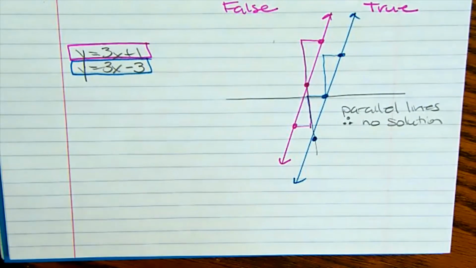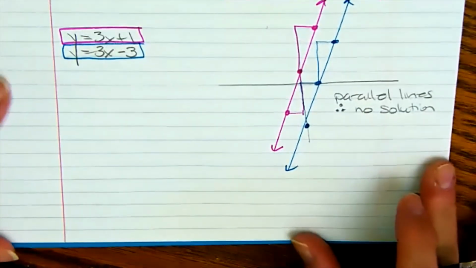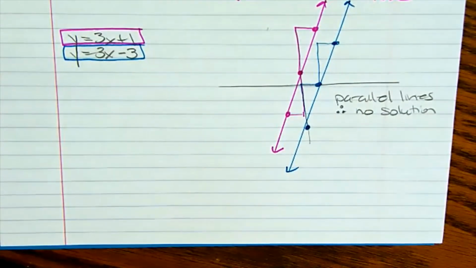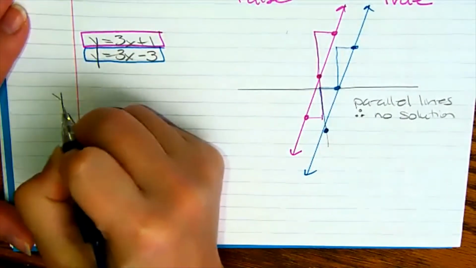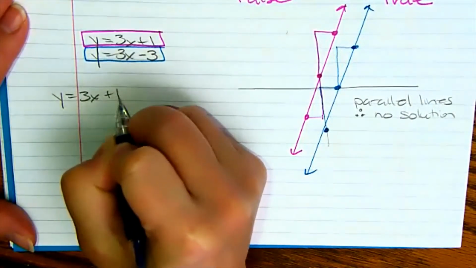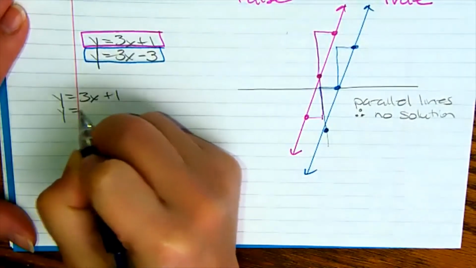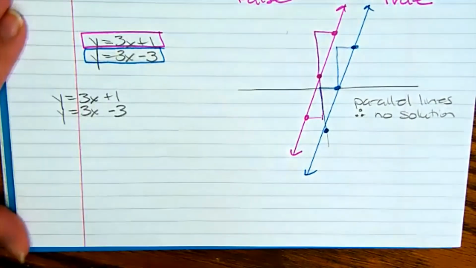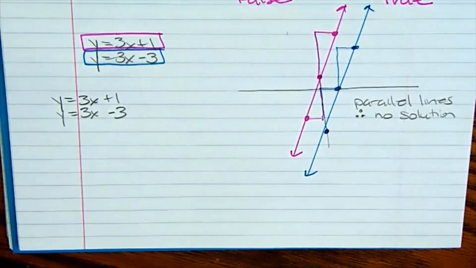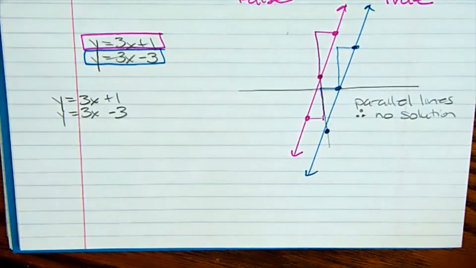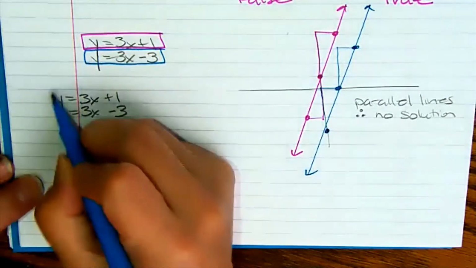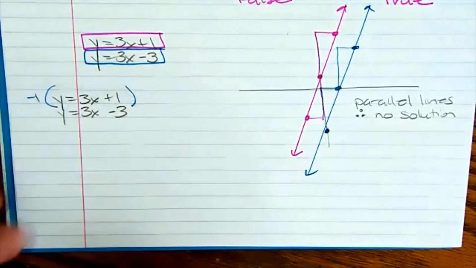But sometimes graphing is not a feasible option. So I like elimination. Elimination always works. So we've got y equals 3x plus 1 and y equals 3x minus 3. So since I have a positive 3 and two positive 3's here, I am going to multiply this whole equation by -1.